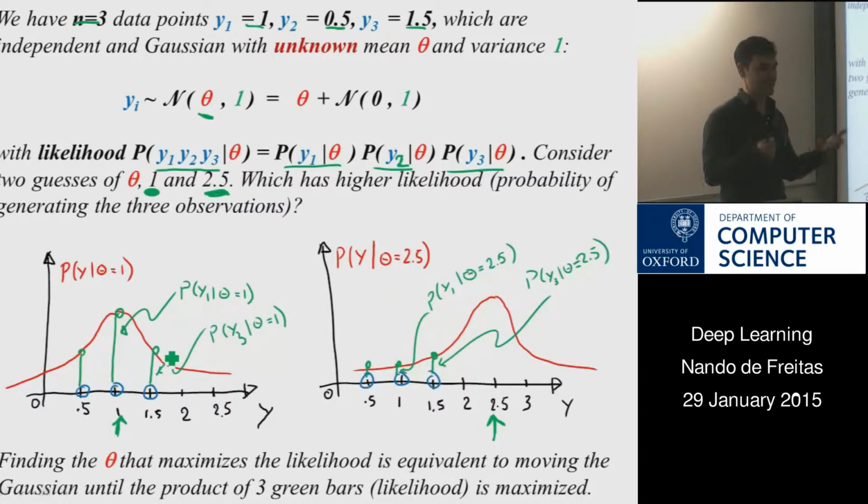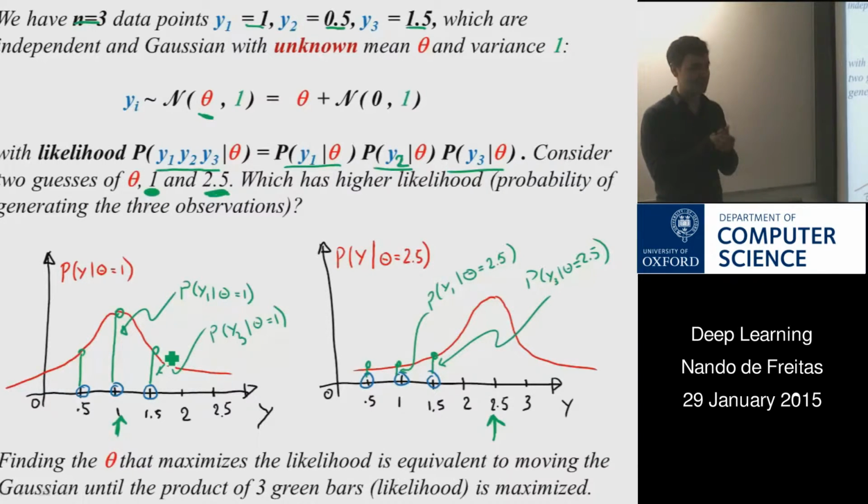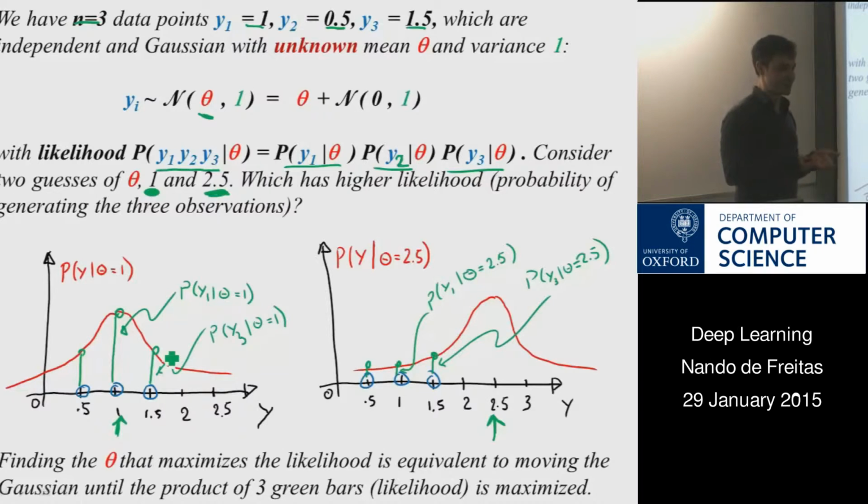Each observation is treated as independent. We take their product and if the product is the highest, that's the one that's most likely, that's the one that we accept. And for this problem, this seems to be an overkill, because we could have just averaged and that would be enough.